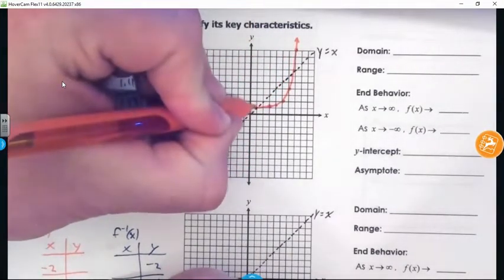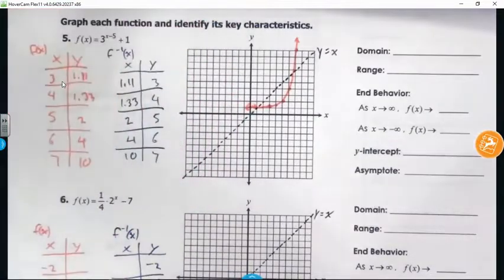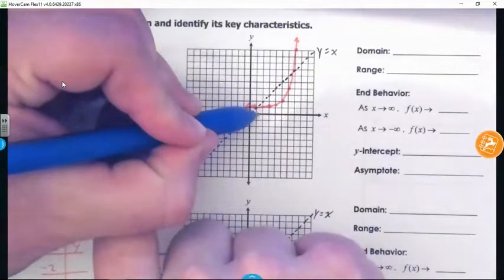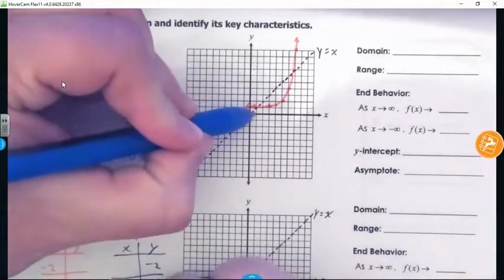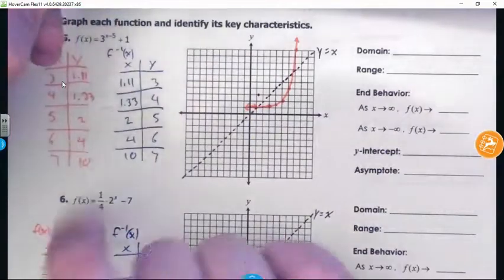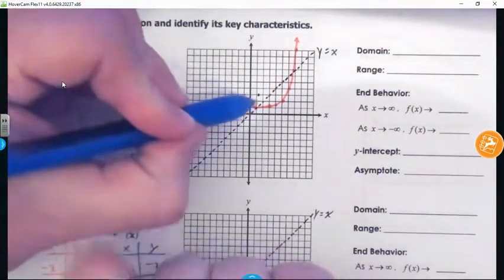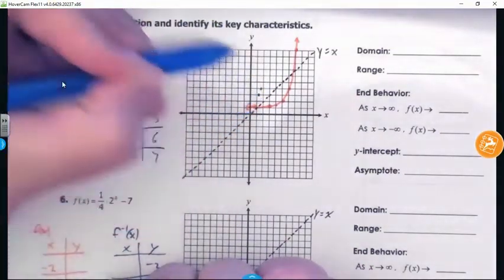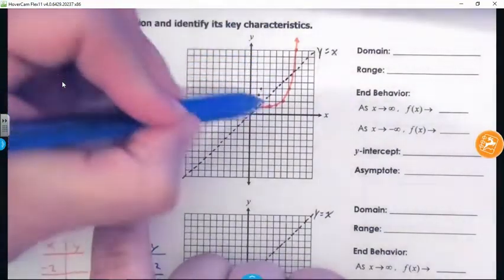So I'm going to take those same exact points, and I'm going to use a different color. We have 1.11 and 3. Then we have 1.33, 4. We have 2, 5.